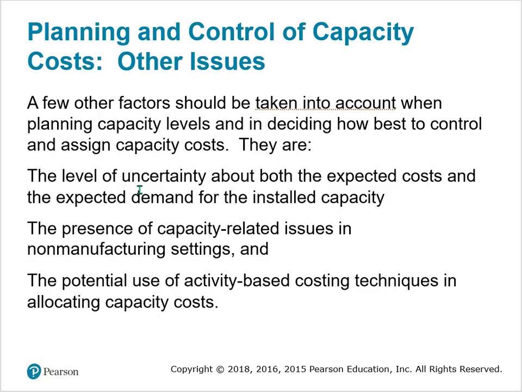A single amount rather than a range of possible amounts is used as the denominator level when calculating the budgeted fixed manufacturing cost per unit in absorption costing.